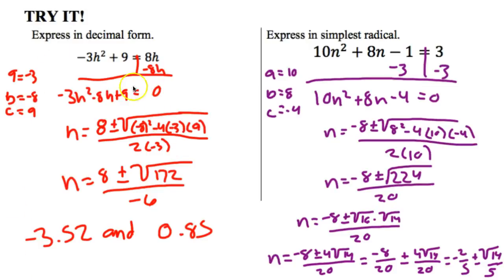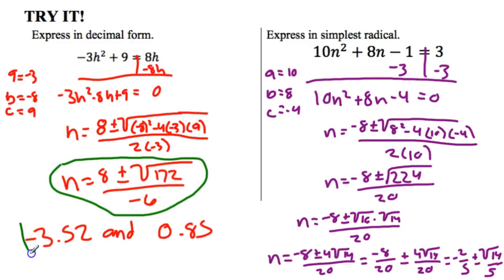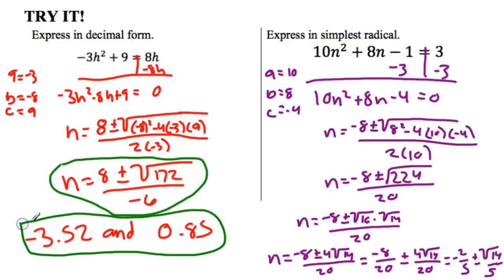All right, so when we did this, did the minus 8h, put everything in there, plugged it in. This right here, I always want you to show this when you're doing your work. It's easier for me to look at this and say, okay, you did it right, you did it wrong, where did you make the mistake? And this right here is the final answer after you put it in the calculator. This one over here, same thing.